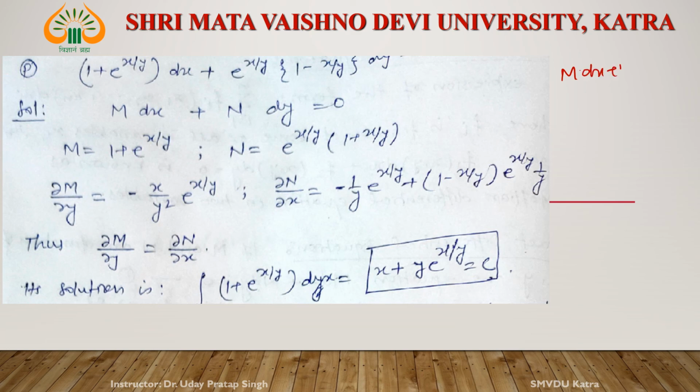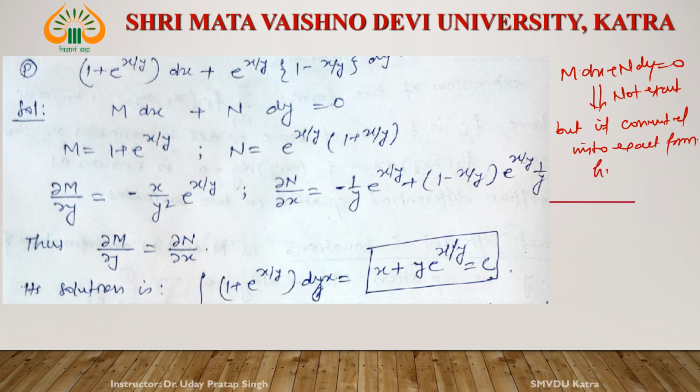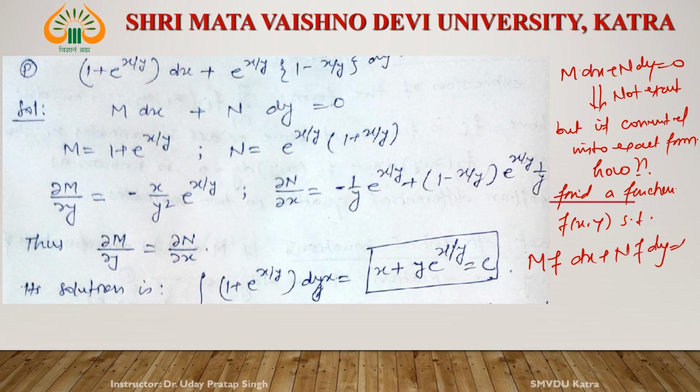Find a function f(x,y) such that M into f dx plus N into f dy equal to 0.